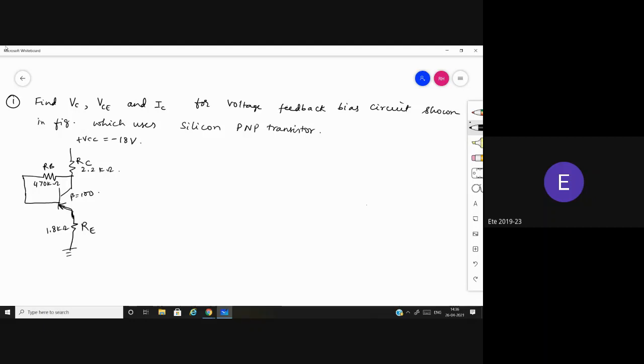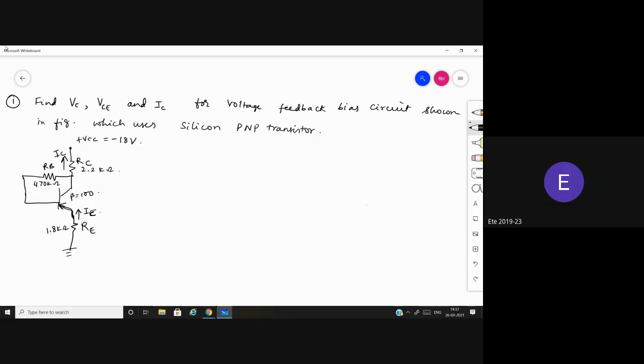So in our NPN transistor, we are showing the current direction downwards, but here we need to show the current direction upwards, because supply is negative, minus 18 volt. Even this should be upwards. Emitter current should be upwards.